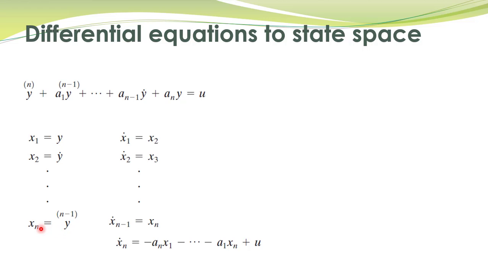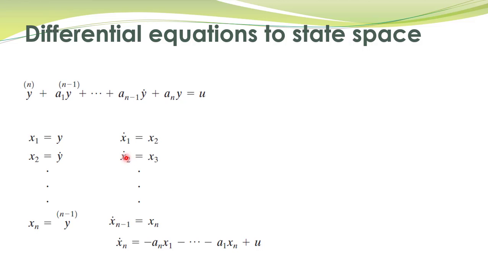And then what is x1 dot? The derivative of x1 with respect to time, x1 dot, is equal to y dot, and from this equation we see that y dot is equal to x2. Therefore x1 dot is equal to x2.